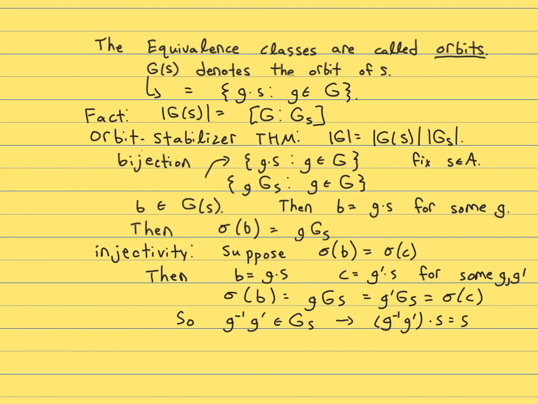You can obviously guess where we want to go. If we want to show injectivity, we want to claim that B is equal to C. Well, how do we get there?